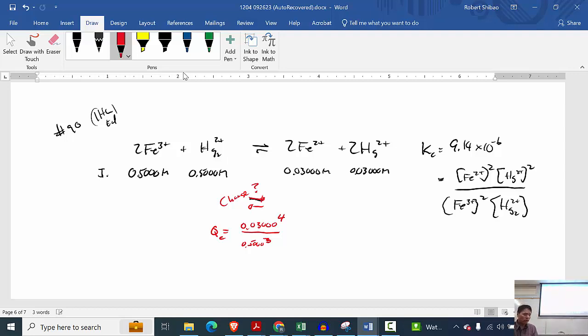So I'm going to go 0.03 to the fourth, divided by 0.5 cubed, 6.48 times 10 to the minus 6.